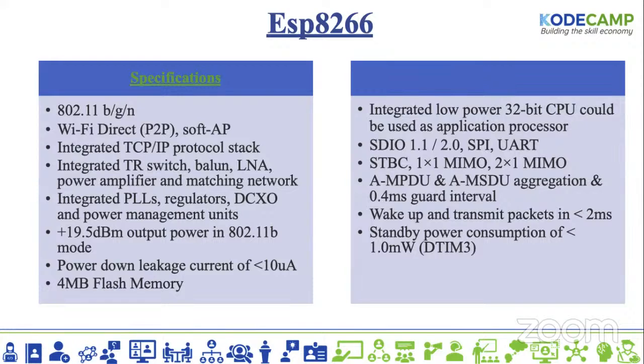It also uses OFDM technology, just like the 802.11a. That technology is what makes it faster than the 802.11b.